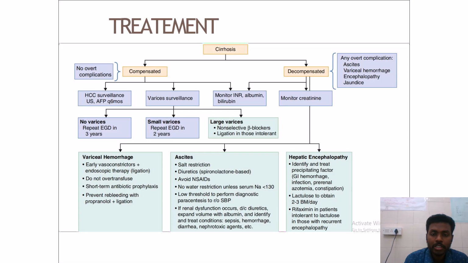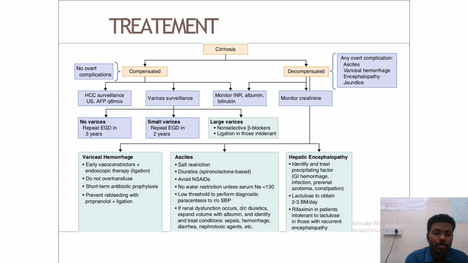Then we have to monitor the INR levels, albumin and bilirubin levels, which may be deranging the metabolism of the patient. In decompensated liver disease, monitor creatinine. In a decompensated patient having variceal hemorrhage, active hemorrhage, early vasoconstrictors plus endoscopic therapy, that is ligation, must be done.